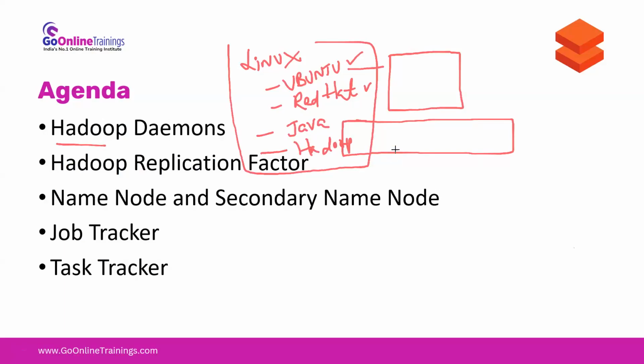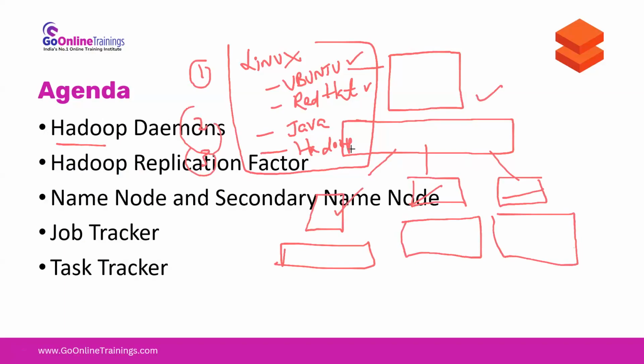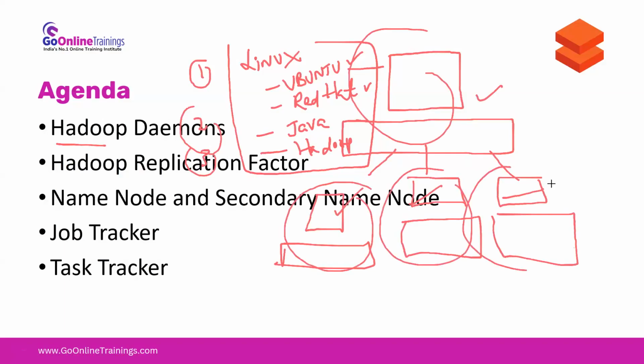If you have three machines, this is one machine, this is one more machine, and this is another machine. On all the machines, you have to install all the software. Linux, Java, Hadoop have to be installed here, here, here, and here. Everywhere you need to install.